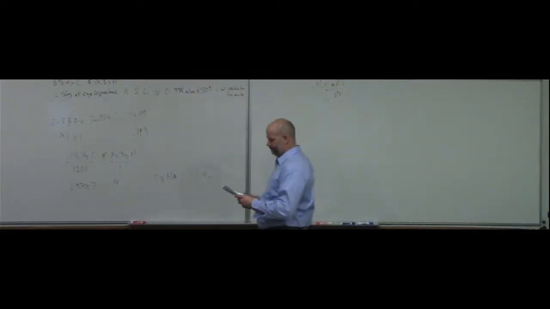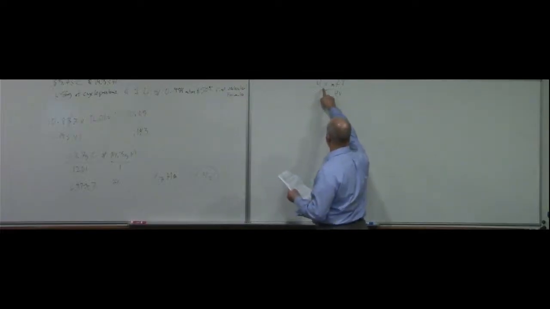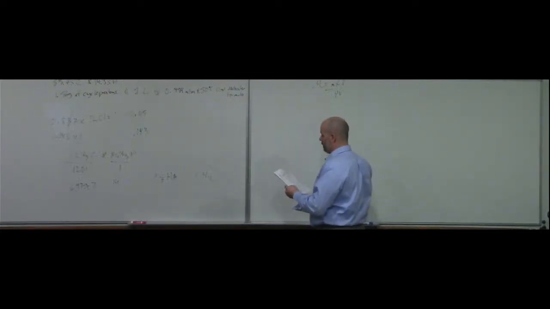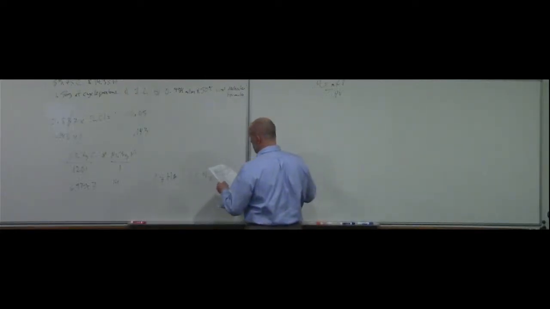So I know that my molar mass equals mass times ideal gas constant times temperature divided by pressure times volume, right? So now I can just start plugging things in, right?